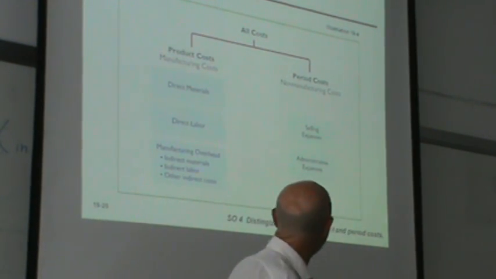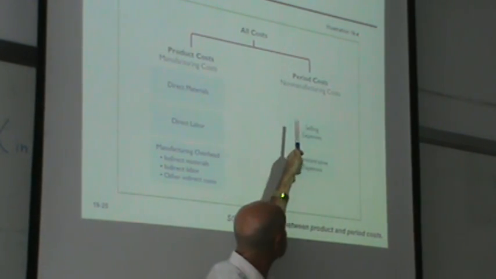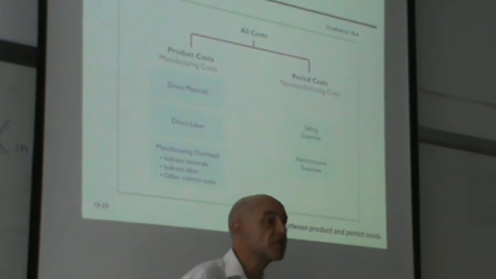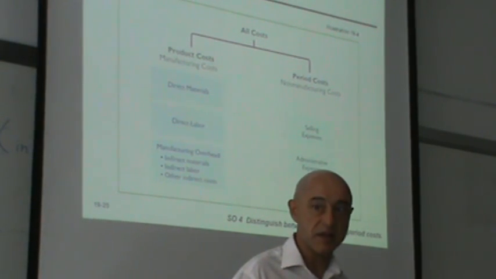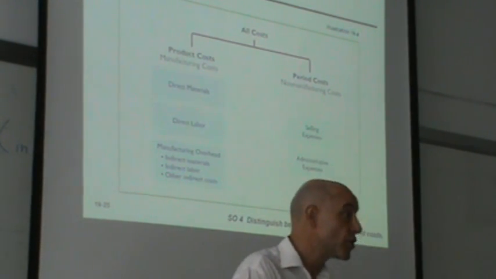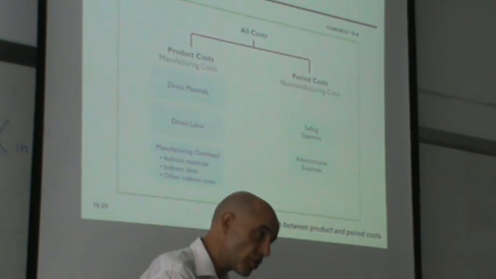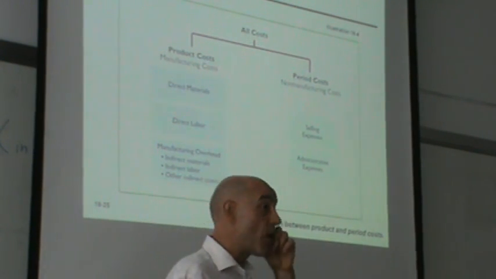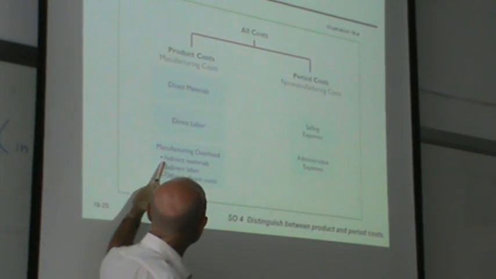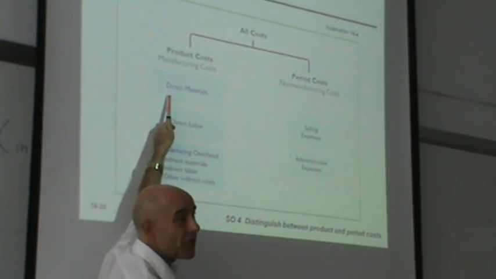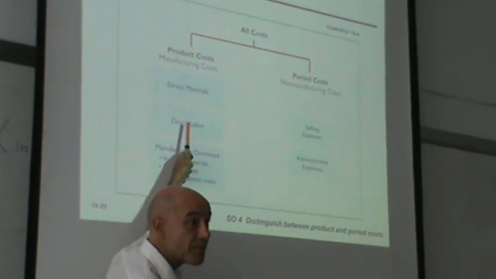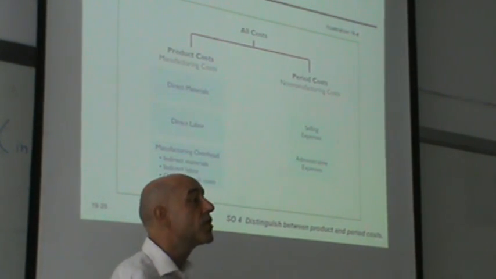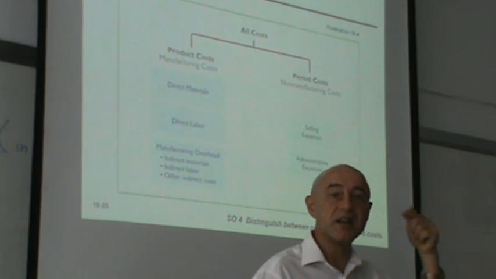If you rent it for sales, it's a non-manufacturing cost. If you rent it for the administration, it's an administrative cost. But if you rent it to actually manufacture, then it becomes a product cost. And if it's a product cost, it will be part here. The rent is not a direct material, it's not a direct labor, so it's going to be overhead, okay? So you need to begin to think like that, okay?